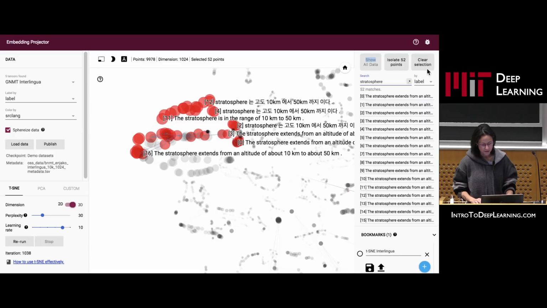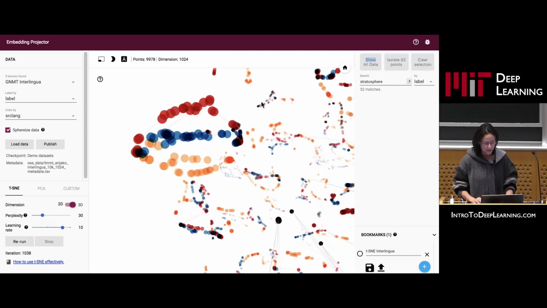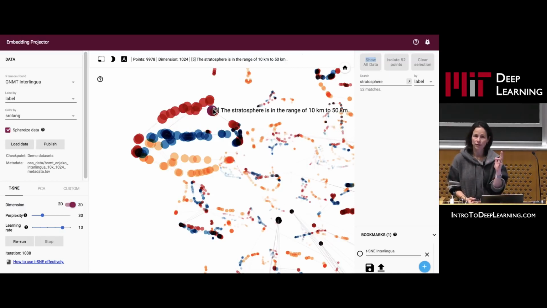If I look at this cluster, okay, and I look at the nearest neighbors, these are the nearest neighbors here that I'm mousing over. The three languages are here, okay? And my nearest neighbors for that sentence in English, both in Japanese and in Korean, are all in that cluster, all right?